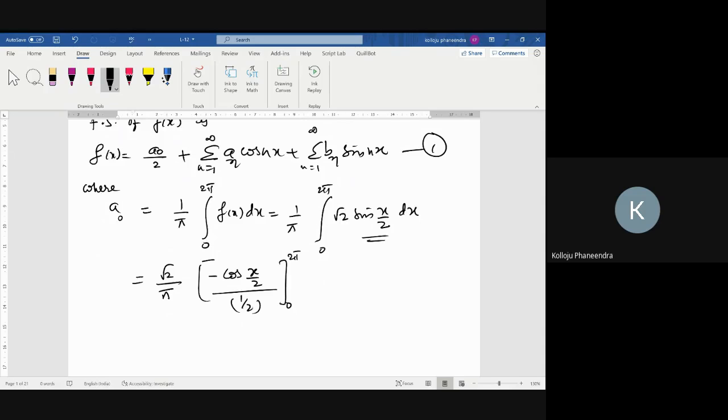This is equal to minus 2 root 2 by pi times cos x by 2 in the interval 0 to 2 pi.